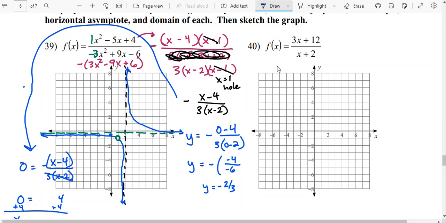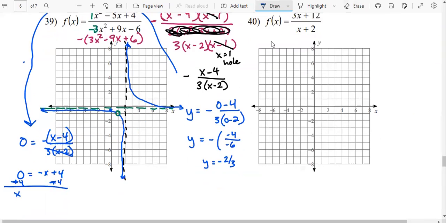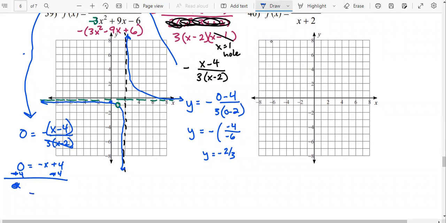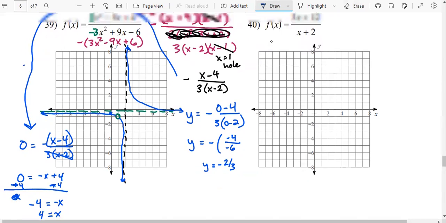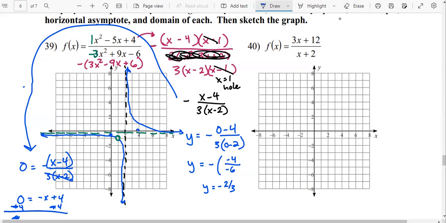You could either distribute that to both or just divide it away. If I distribute it to both, I'll have negative x plus 4. That would make this minus 4. We would have negative 4 equals negative x, x equals 4. So I'm a little off on my graph here. And that's why we find it, so that we can draw a more accurate picture of what the graph should look like. Oh, perfect.